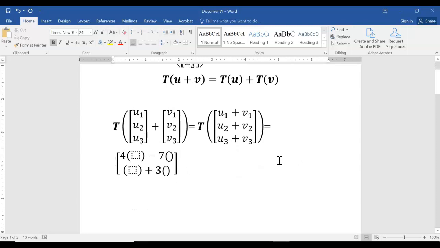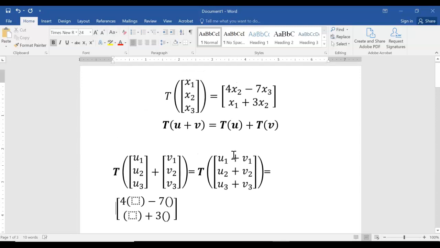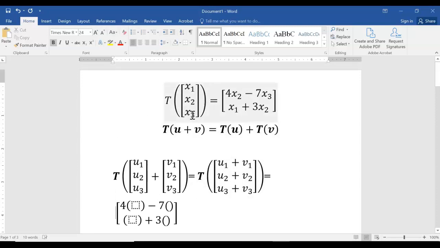All right, so if I'm doing that, first I would add the two vectors. If I add the two vectors, the first entry is going to be u1 plus v1. The second entry is going to be u2 plus v2. The third entry is going to be u3 plus v3. Okay, so that's what we get when we add the two arbitrary vectors. Now I want to apply this transformation.